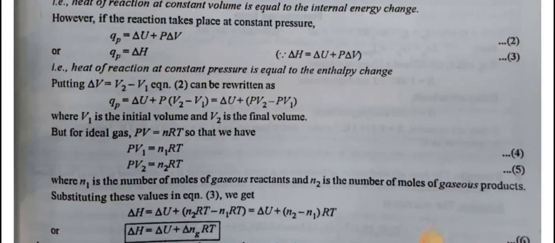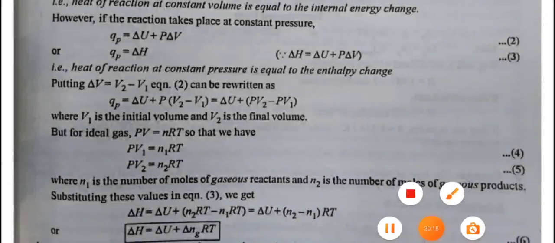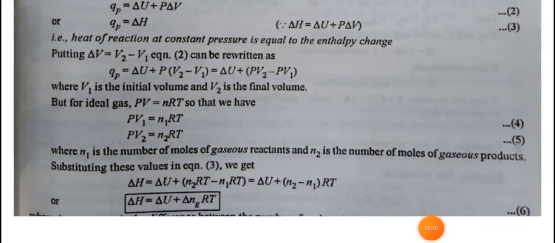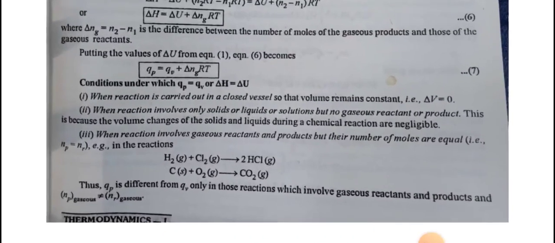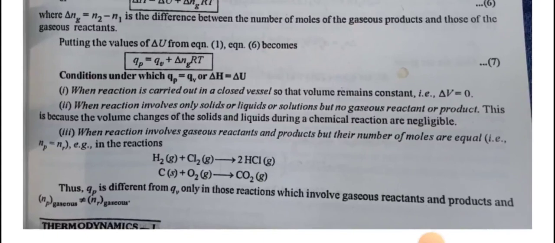Substituting these values in equation 3, we get delta H is equal to delta U plus n2 RT minus n1 RT, which is equal to delta U plus bracket n2 minus n1 RT. Delta H is equal to delta U plus delta ng RT, where delta ng is equal to n2 minus n1, the difference between the number of moles of gaseous products and those of the gaseous reactants.